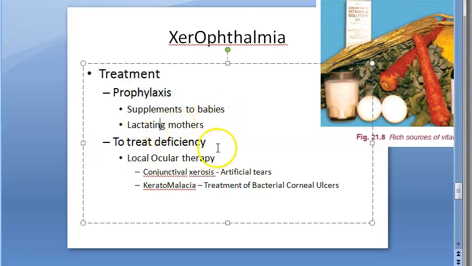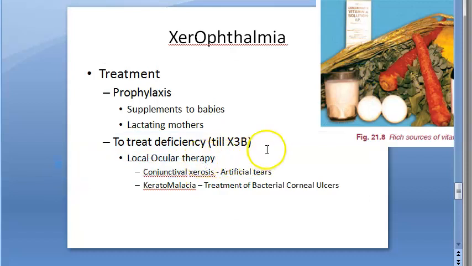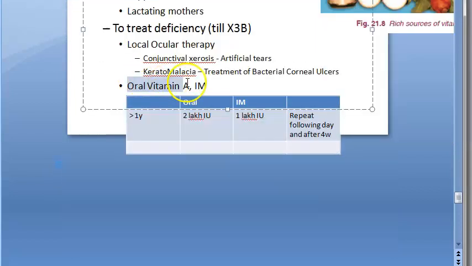They mentioned till X3B, but they didn't mention XS and XF, that is corneal scar and fundus changes. To treat deficiency, oral administration is recommended. So oral vitamin A is suggested. If they are not tolerating, then intramuscular injection.